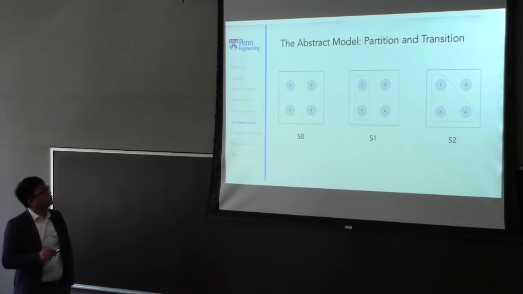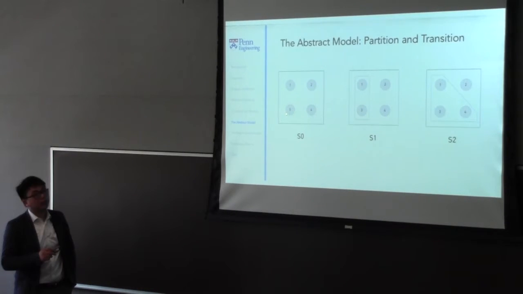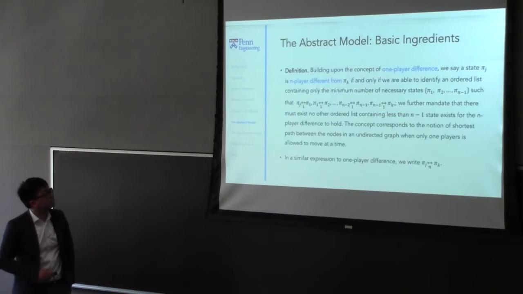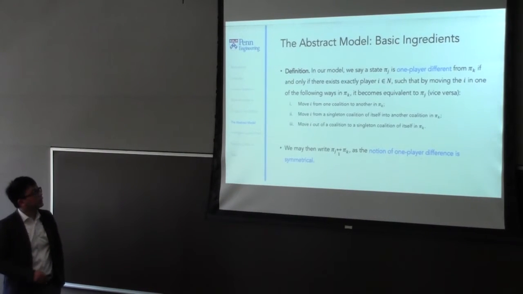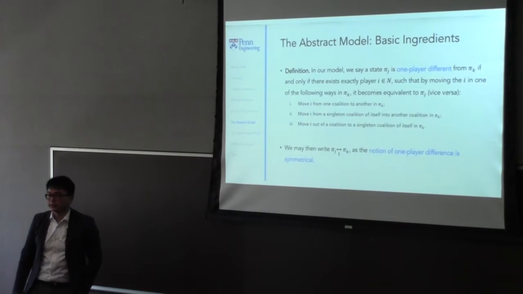Because from S0 to S1, you simply have one joining 3 and forming an alliance. Similarly, from S1 to S0, player 1 simply leaves this alliance and is on its own. We represent this as an arrow with a 1, saying that's the notion of one player difference. And it's also symmetrical, very easy to understand.